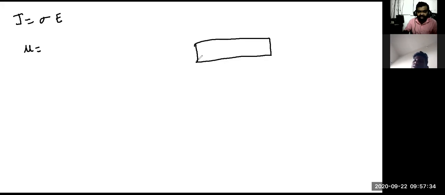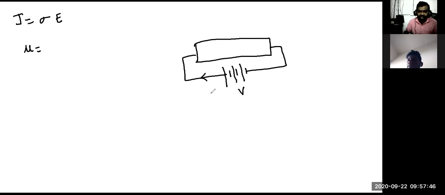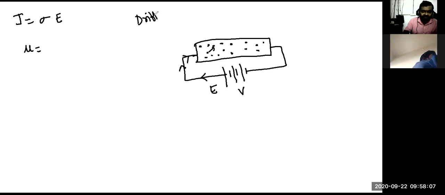Suppose we have a conductor. Whenever I connect it to a battery, the battery has a potential V. Correspondingly, we have an electric field E. This electric field pushes the electrons inside the conductor to move with a velocity which we call drift velocity.